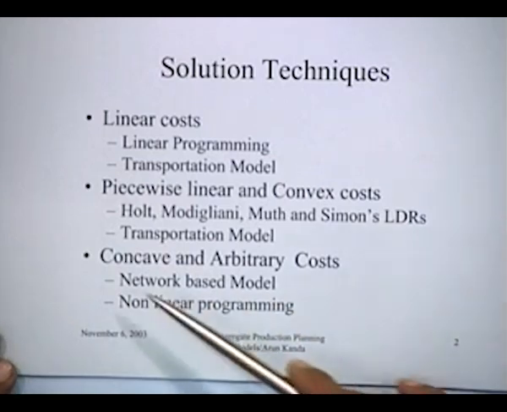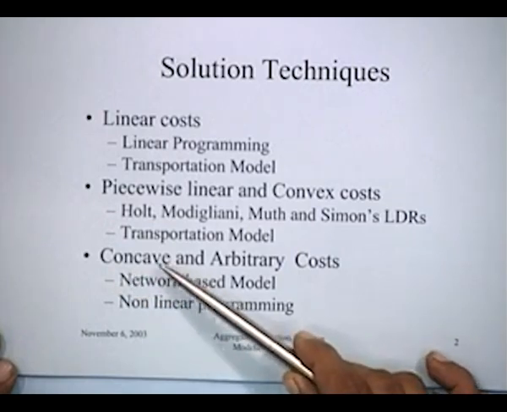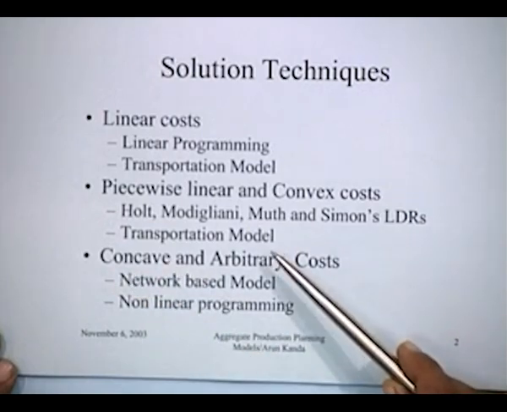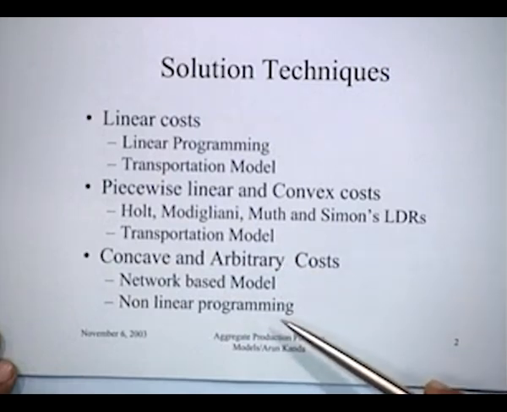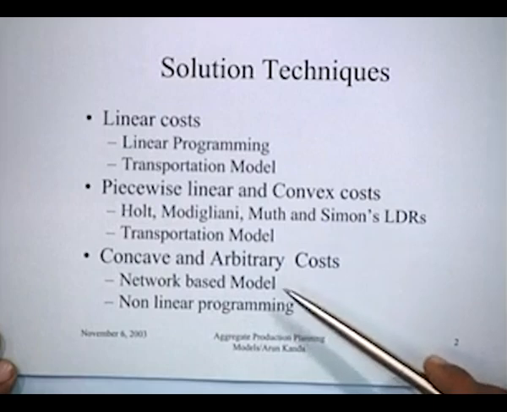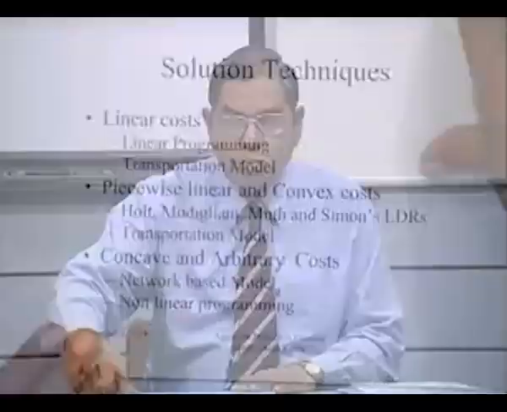And for the case when costs are concave or arbitrary in nature, you can use either non-linear programming techniques, or there is a very efficient procedure based on determining the shortest path in a network that can be very effective in determining the solution. So we shall look at the category of solution techniques which look at this particular problem.